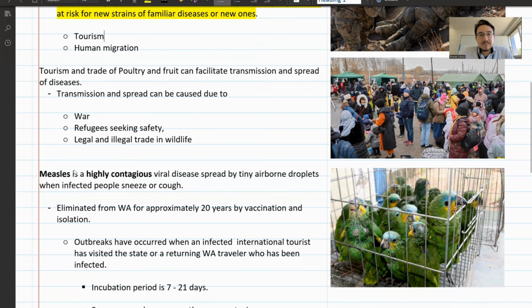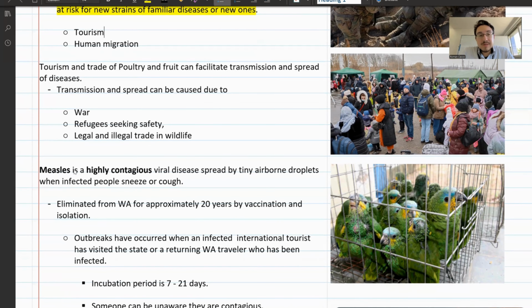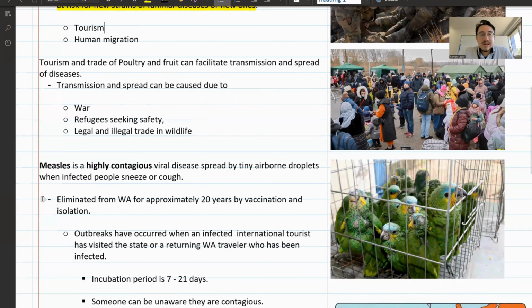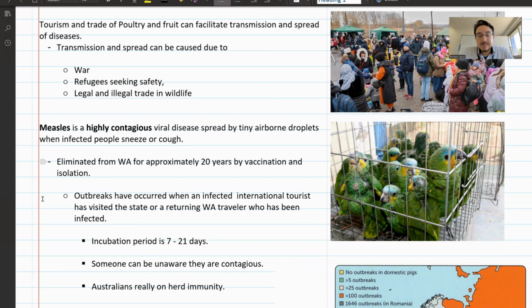A very famous example is measles, right? Very highly contagious. It's a viral disease that spreads through little airborne droplets, infecting people through sneezing and coughing. And in Western Australia, you would have a good eradication of measles for 20 years just by vaccination. We all should be vaccinated against measles and just try to isolate this whole virus.